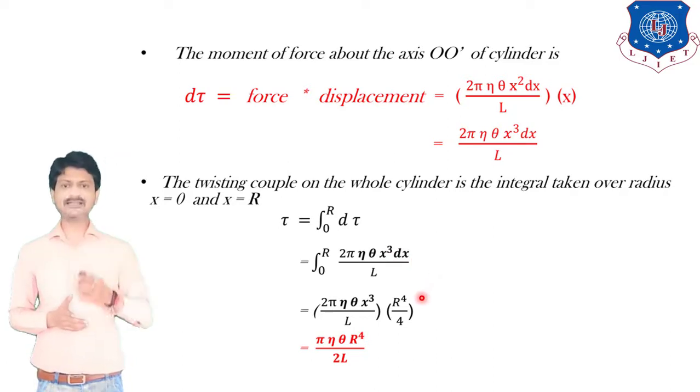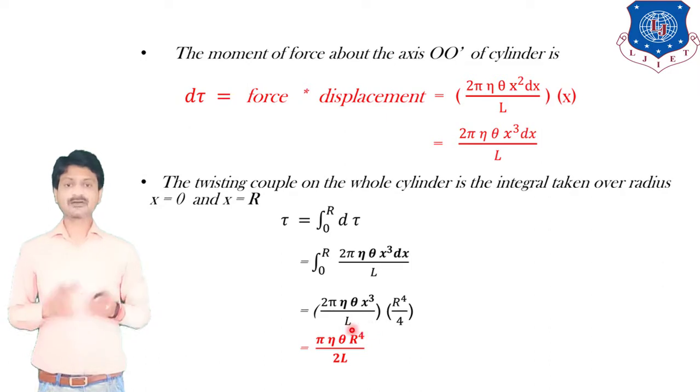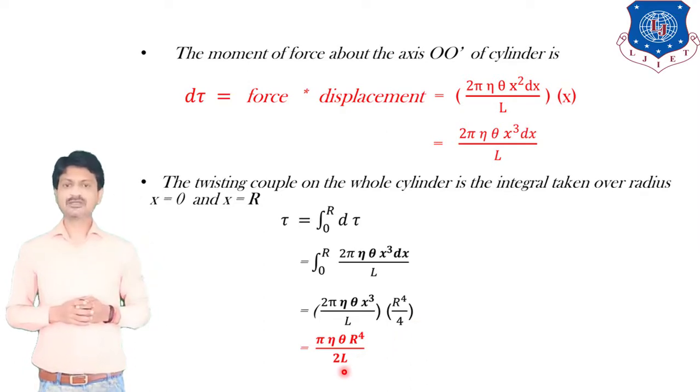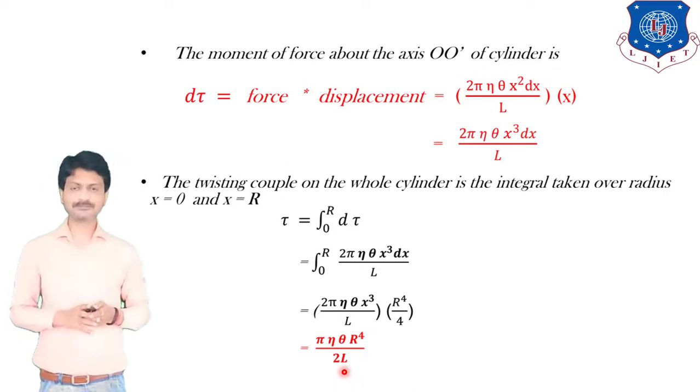Here the variable is x. So by integrating the above equation, we have 2 pi eta theta x cube by L, from 0 to r, divided by 4. So finally we have the equation tau equals pi eta theta r raised to 4 by 2L.